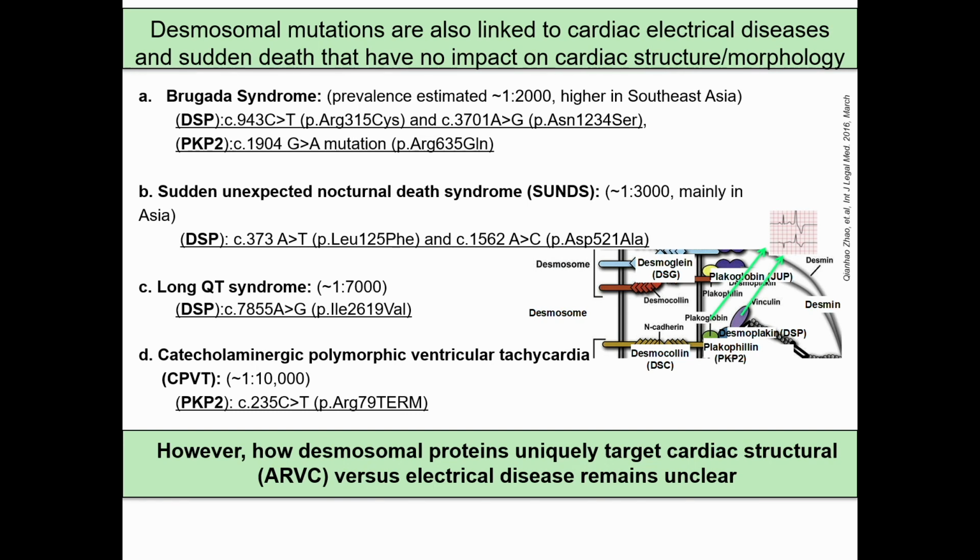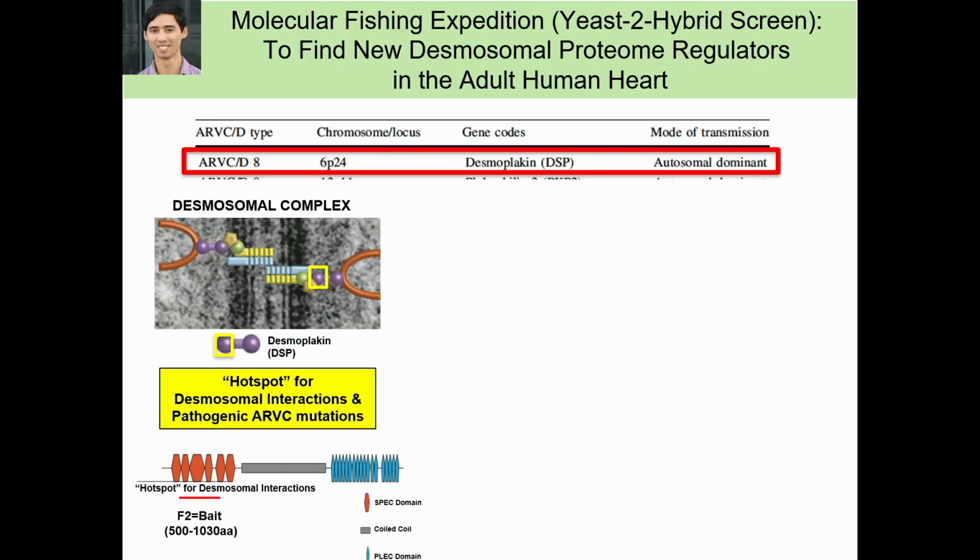That was the question that we were really trying to understand. So what we did is a molecular fishing expedition to find new desmosomal proteome regulators in the adult human heart. We really focused on desmoplakin, in its N-terminus region, which is a hot spot for all of these interactions that it has with other proteins, and oftentimes a lot of pathogenic gene mutations are found here.